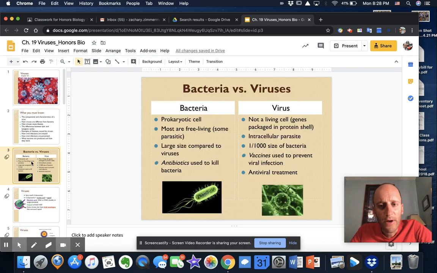So, viruses are quite different from bacteria. And we've learned, of course, that the bacteria are living cells. They carry out the same basic characteristics of life that the cells of your own body carry out. And of course, you have a lot of bacteria living inside of you, like in your gut, for example. But the bacteria are free living.